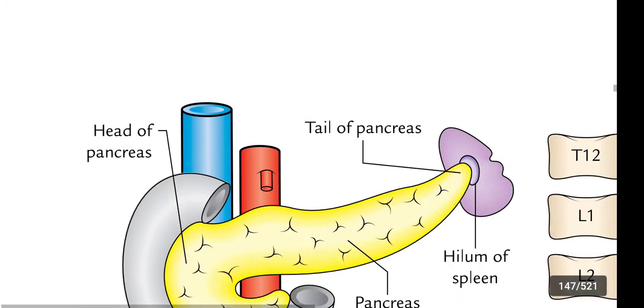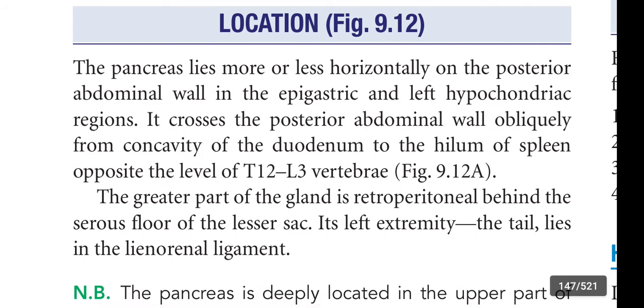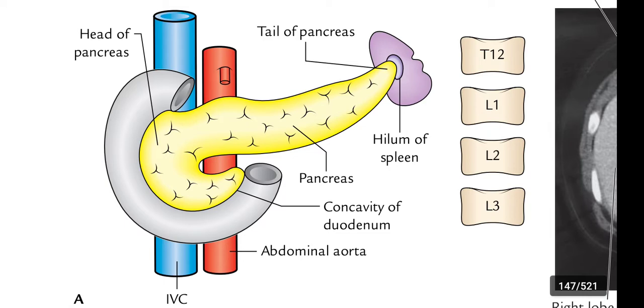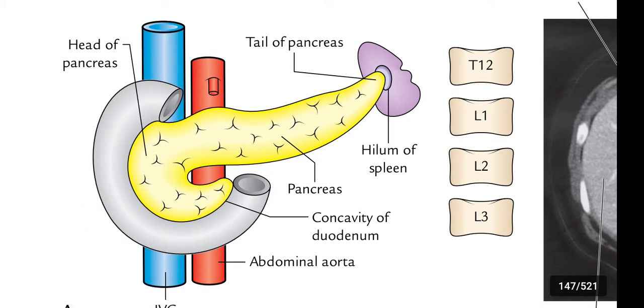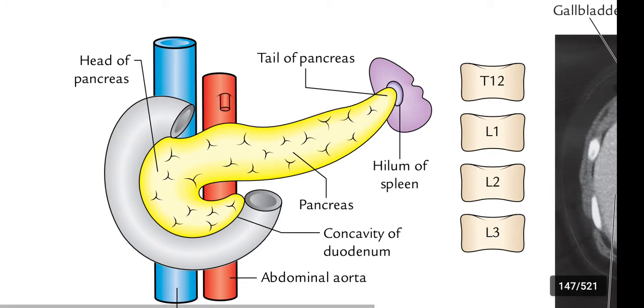It crosses the posterior abdominal wall obliquely from the concavity of the duodenum to the hilum of the spleen, opposite the T12 to L3 vertebral level.